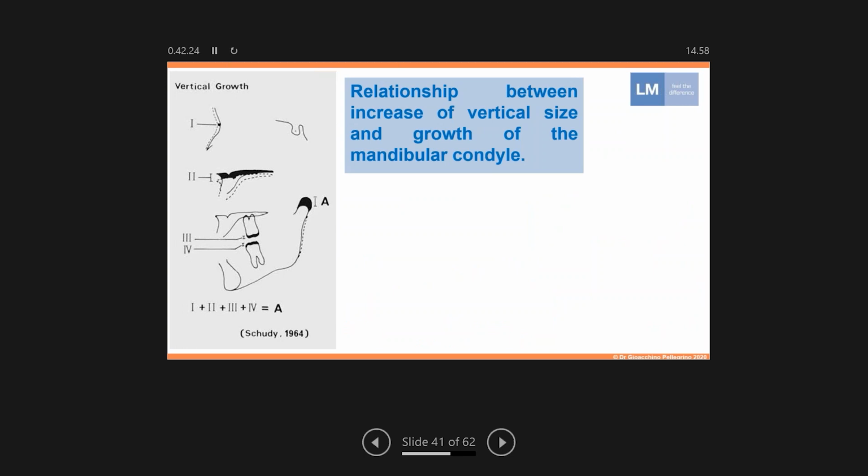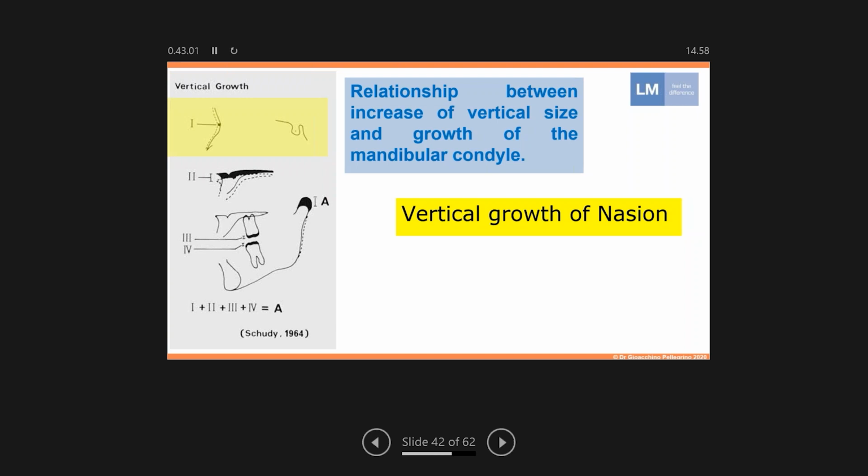In particular, I want to share with you the research made by Dr. Schrudi in the middle of the last century. Dr. Schrudi was studying the vertical growth of the face, and in particular the relationship between the increase of vertical face size and the growth of the mandible condyle. What does this mean? That we can consider the vertical growth of the face divided in 4 sectors.